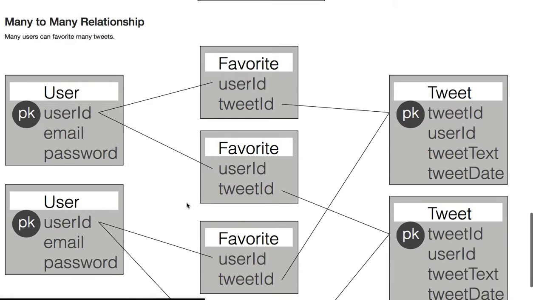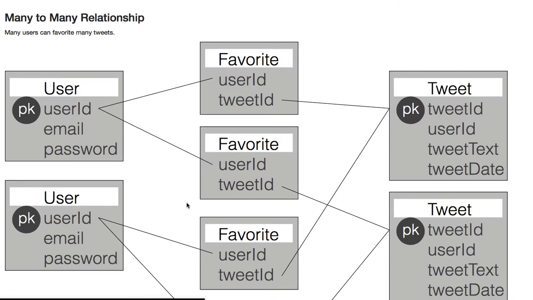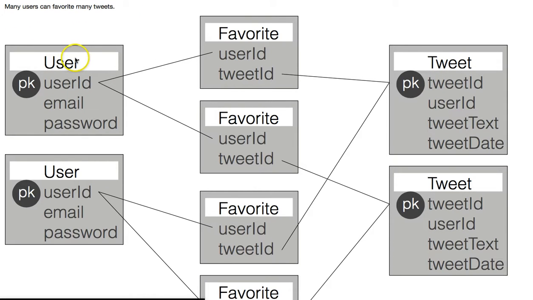Finally, the many-to-many relationship uses what we call intersection tables. And so you see you have the user table with the user ID, and then the intersection table, the favorite table, has the two foreign keys, which are primary keys on these two tables.